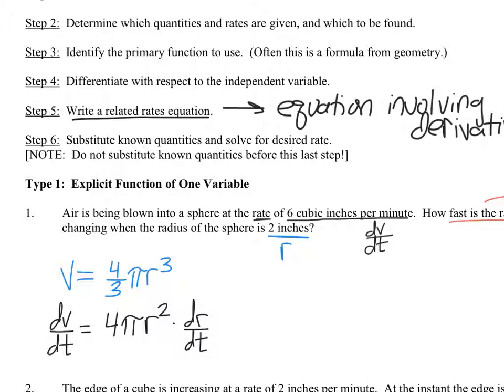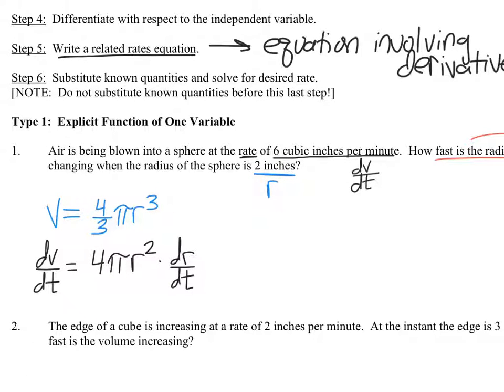The good news is that provides us with exactly what we need, because I have a dV/dt, which is 6, and that's a positive 6. It's being blown into the sphere, so the sphere is gaining volume at a rate of 6 cubic inches per minute. r is 2 at the particular moment that we're interested in.